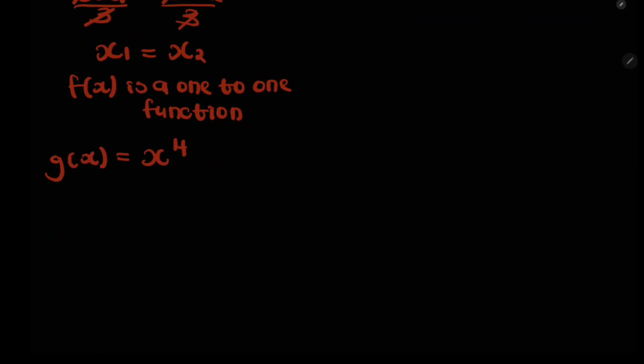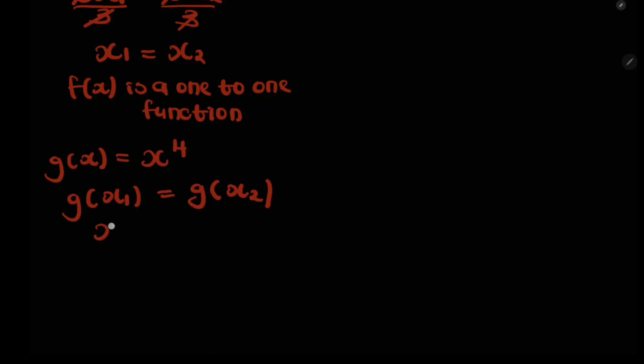So now we need to determine whether g of x is injective. To determine whether g of x is injective, we need to take g of x1 equal to g of x2, which is the same as x1 equal to x2.